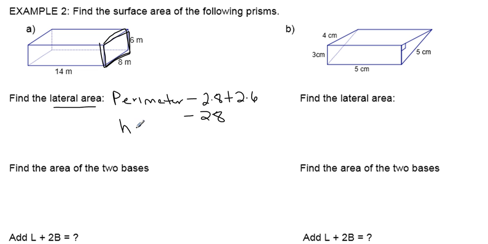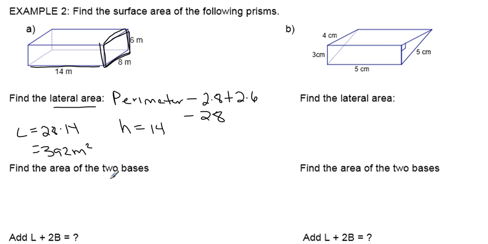And the height of our prism is going to be 14. So we find the lateral area, which is 28 times 14. So 392.